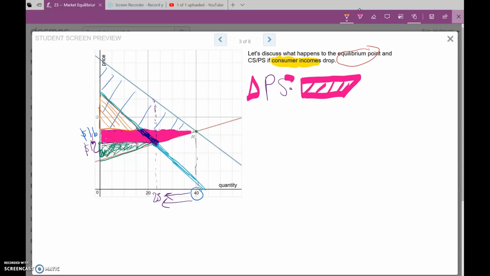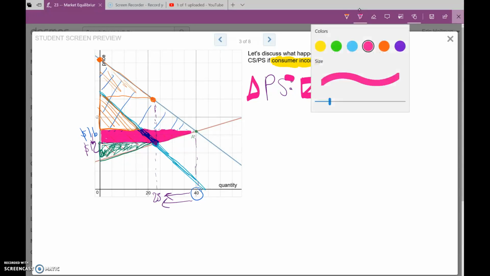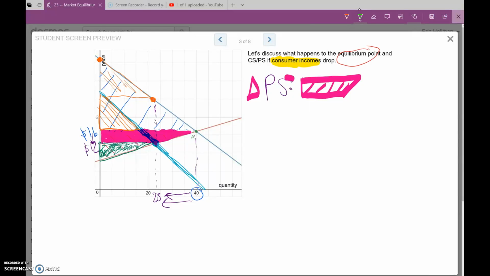A lot of times it's going to be convenient to use some geometry to reimagine where that trapezoid is. If this orange triangle were scooched up so that its top corner was here and it overlapped like this, it would come down to where the new quantity intersects the demand curve, and the change in consumer surplus would be this trapezoid right here.